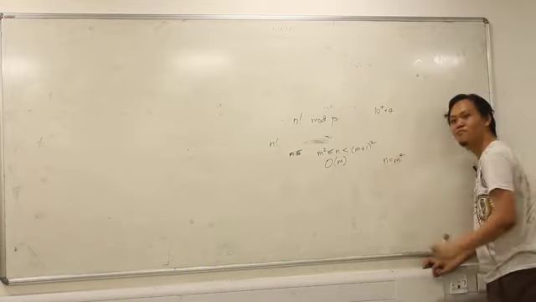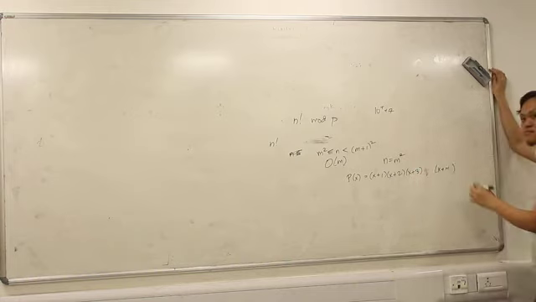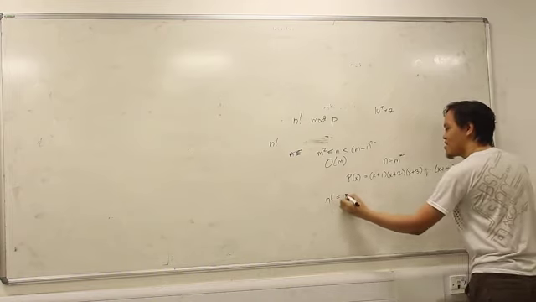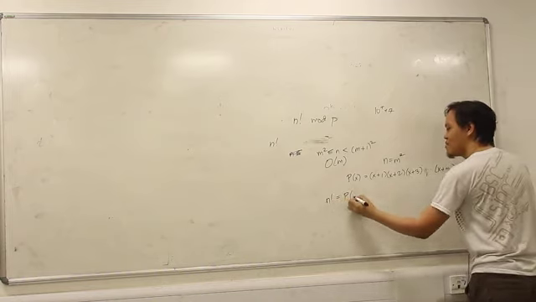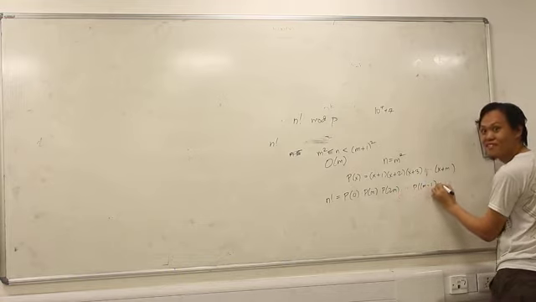What we can do here is consider this polynomial. If n equals m squared and we have this polynomial, then n factorial will just be p of 0 times p of m times p of 2m, up to p of (m minus 1)m.